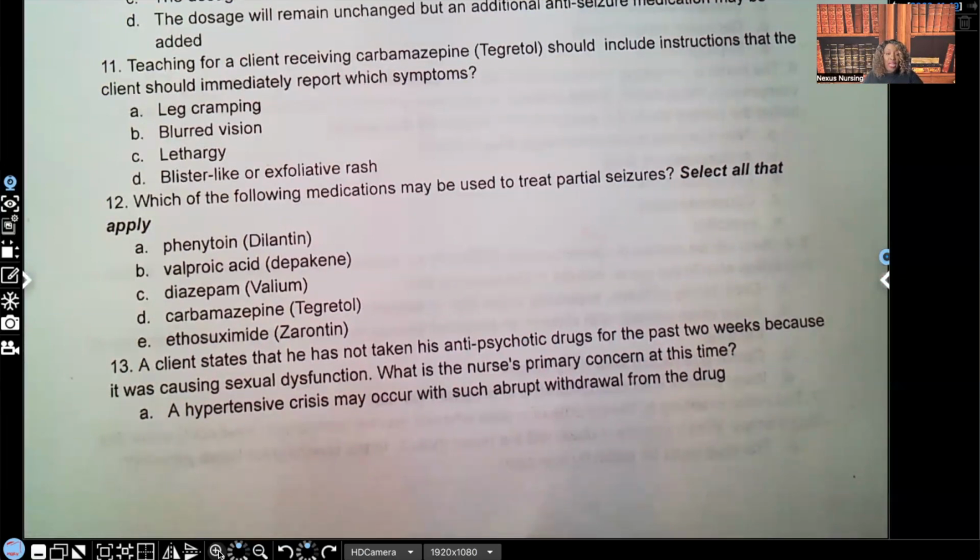So if the patient who has been on their antipsychotic medications all of a sudden stops taking those medications because of sexual dysfunction or any of the other side effects that can happen with antipsychotics, the psychotic state can absolutely return. What is psychosis? That's being out of touch with reality. So the patient's having hallucinations, whether they're audio hallucinations or visual hallucinations, they can come back, and that's going to be the concern. Next question.